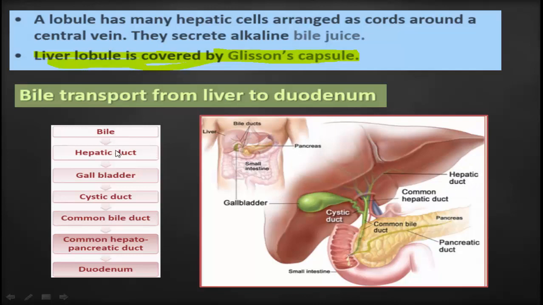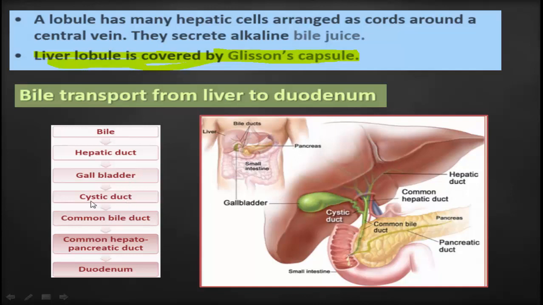From hepatic duct, the bile is transported to gallbladder. The hepatocyte is the very important structural unit of the liver. From the hepatocyte, bile is transported into hepatic duct, and these hepatic ducts transport the bile into gallbladder.